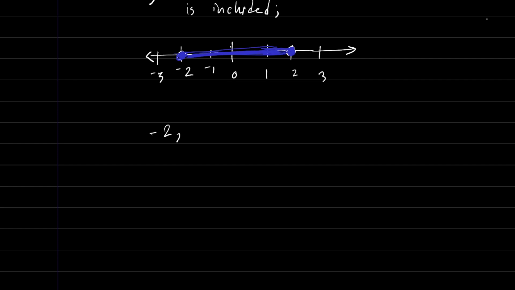So what about -2 to +infinity? We cannot really go to the largest possible value, which is infinity, because we cannot reach infinity. So this is not correct, this is wrong.